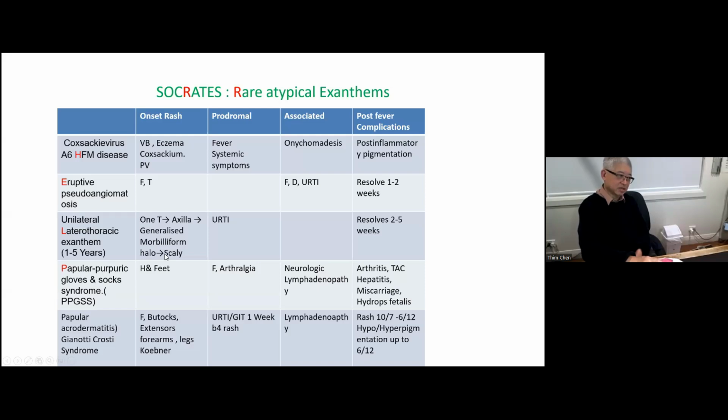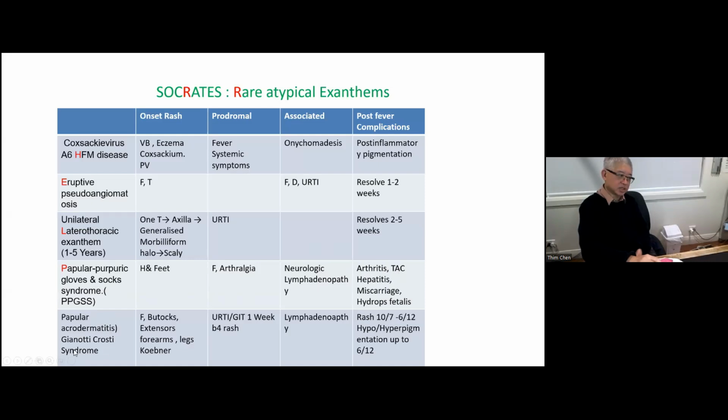But the difference between this and erythema infectiosum, the same viral agent, is that at this stage they are infectious. So when the skin rash is seen, they are infectious. In erythema infectiosum, when you see the rash, they're no more infectious. The complications are the same: transient aplastic crisis, miscarriage, hydrops.